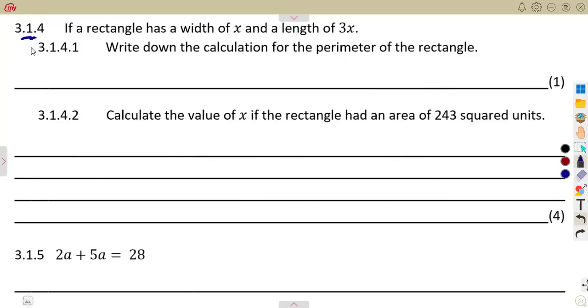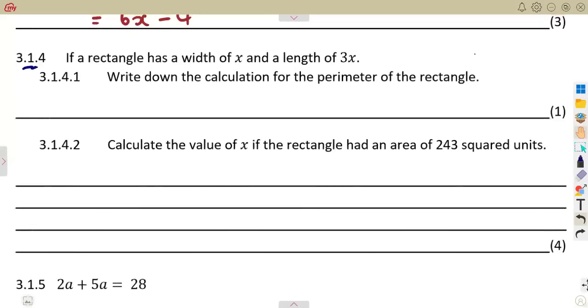3.14. If a rectangle has a width of x and a length 3x, 3.141, write down the calculation for the perimeter of the rectangle. You have a rectangle, guys. And this rectangle, it's like this. Remember a rectangle?